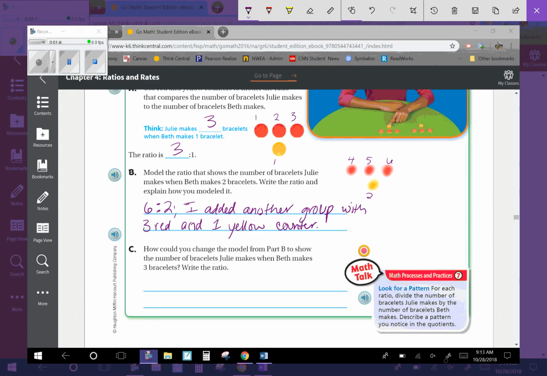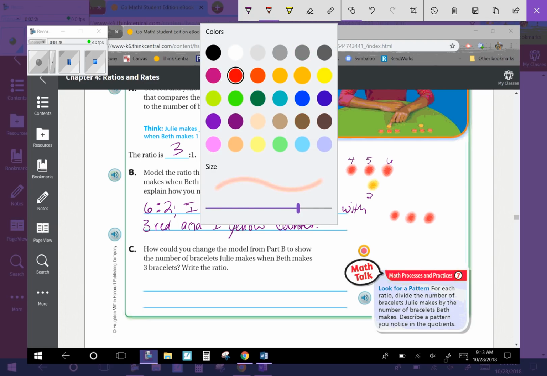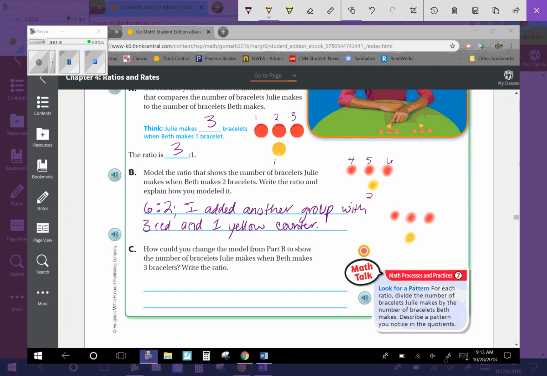C says, how could you change the model from part B to show the number of bracelets Julie makes when Beth makes 3 bracelets? Okay, so again, I already added a group last time, but I can add a group of 3 more red and 1 more yellow.